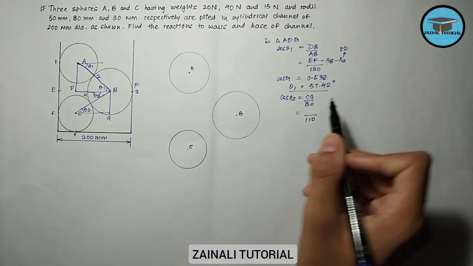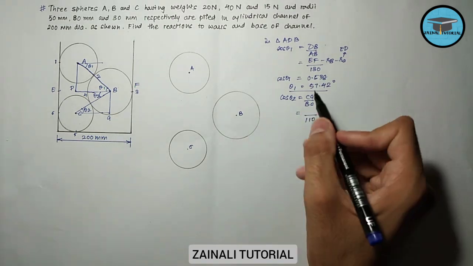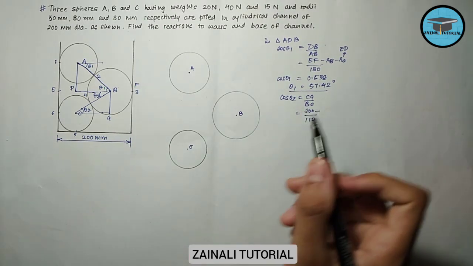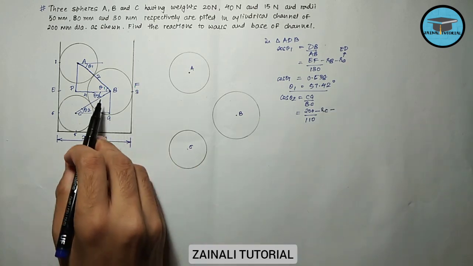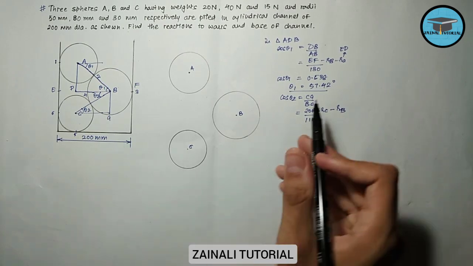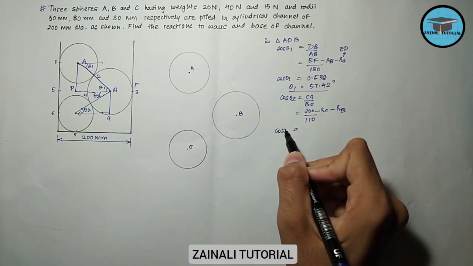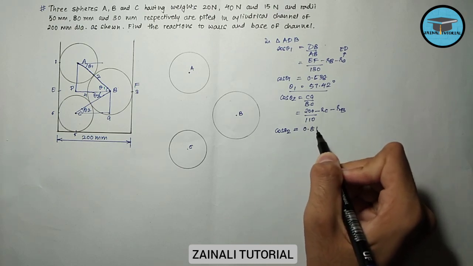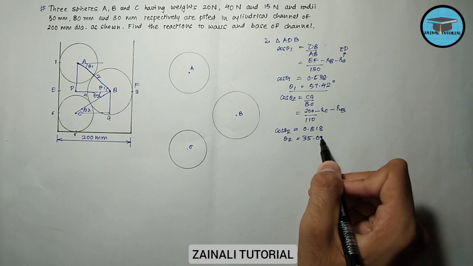So 110, and CG is nothing but this entire diameter, that is 200 mm, minus radius of C minus radius of B, this much amount. So from this we would get cos of theta 2 as 0.818. So theta 2 is nothing but 35.09 degrees.